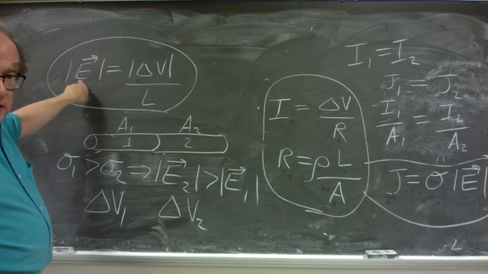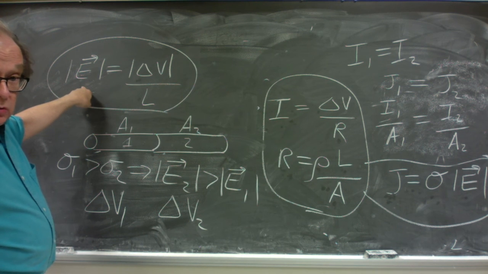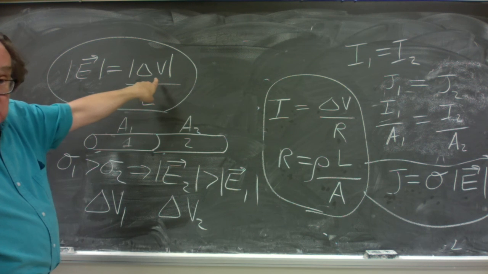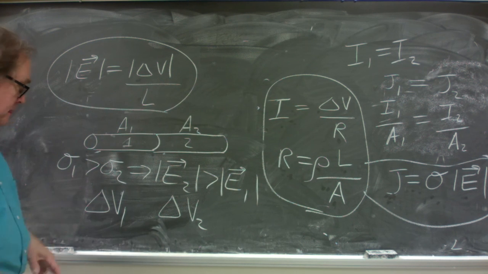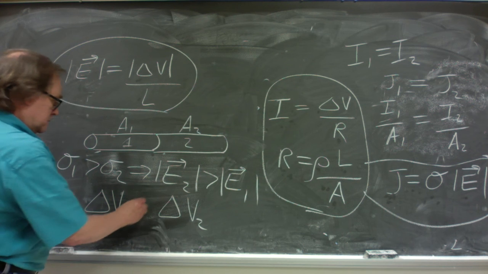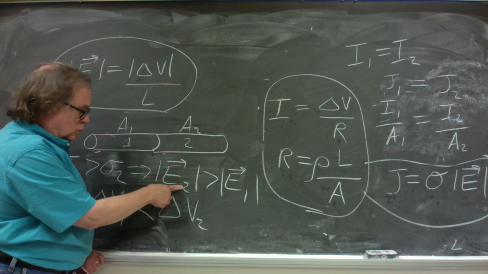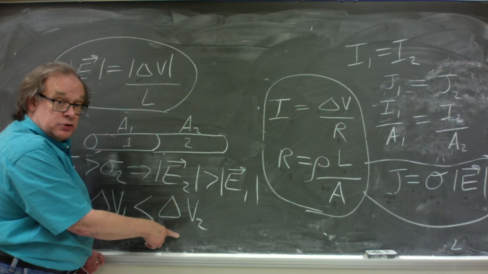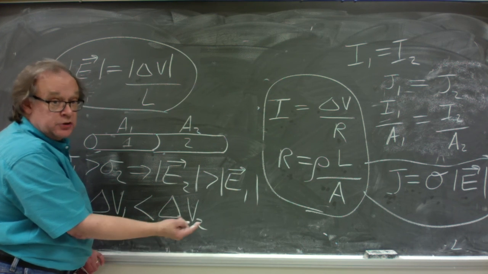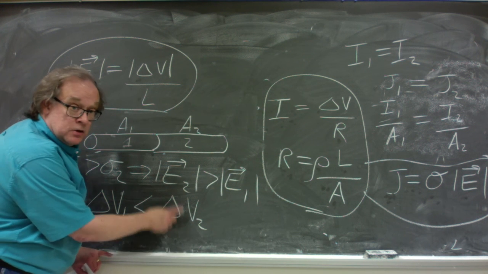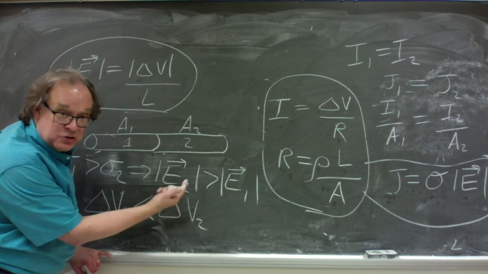So here, where the field was stronger in segment 2, it was stronger because the potential difference was bigger, which of course makes sense because to get an electric field you need a potential difference.